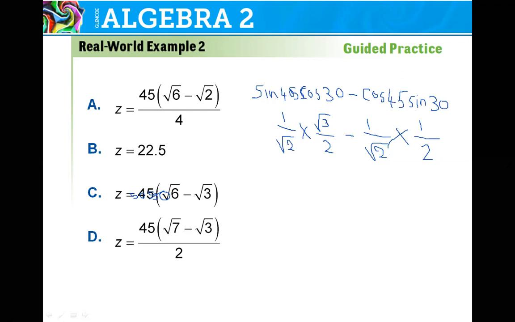It's equal to, yes, root 6 minus root 2 over 4, so it's letter A.